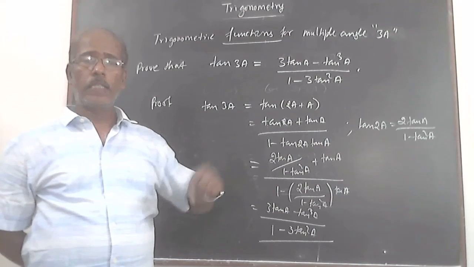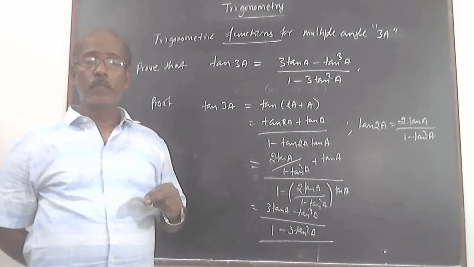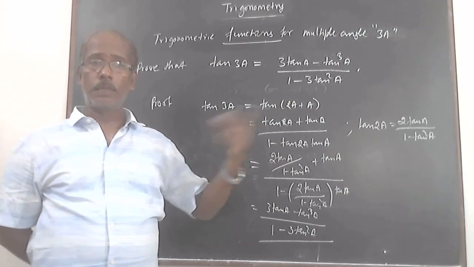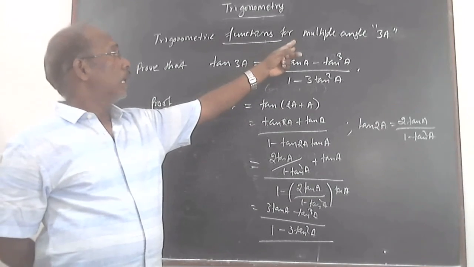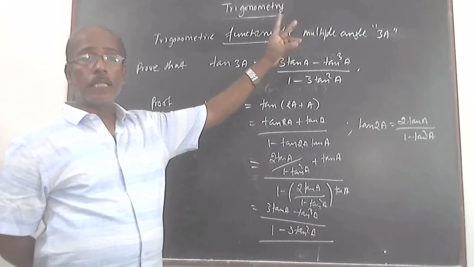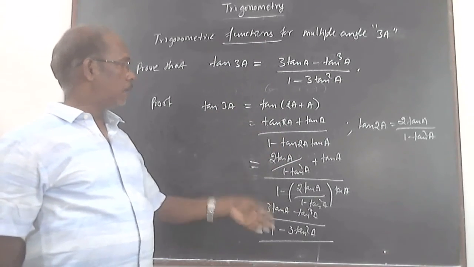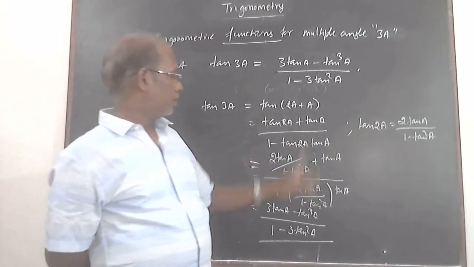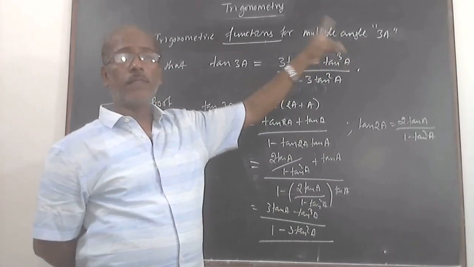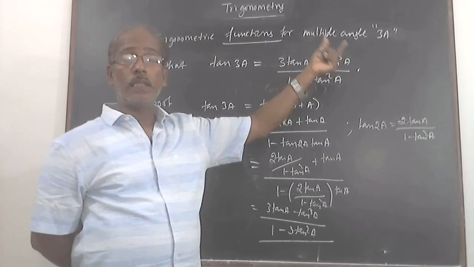Sin A in terms of A by 2, cos A in terms of A by 2, tan A in terms of tan A by 2. We discussed all these. And then multiple angle 3A, A plus A plus A. Dear student, if you know the mechanism of the derivation, you can derive the formula for 4A, 5A, 6A, 7A, whatever be the multiple angle.